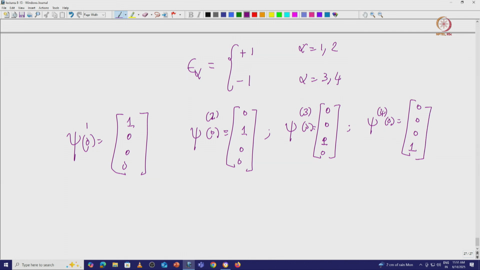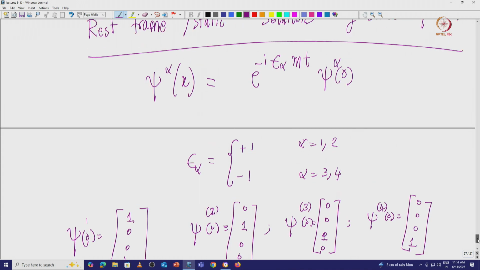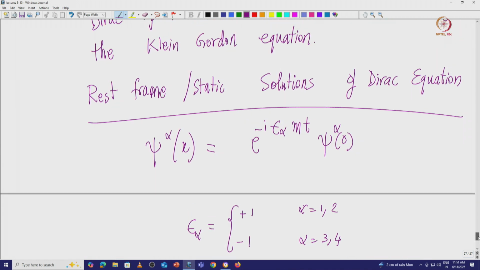Okay. Now that I have set the notation, let me explain this again a little bit more.